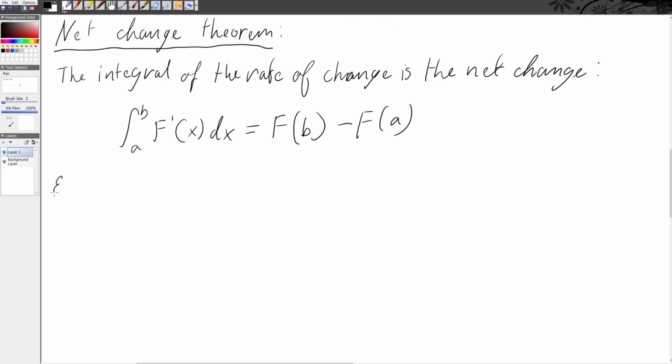For example, let v of t be a velocity function, and the function is t squared minus t minus 6. We want to ask what is the displacement of this object between time equal to 1 and time equal to 4.